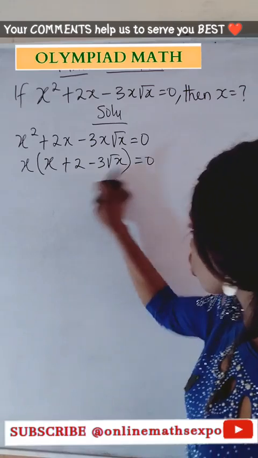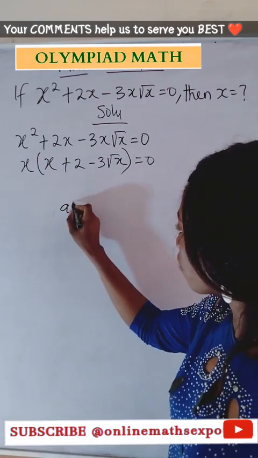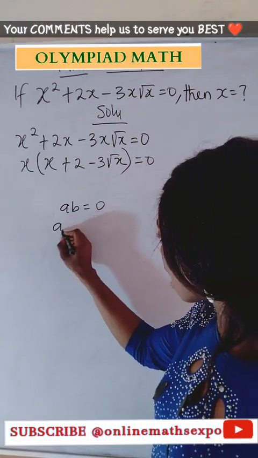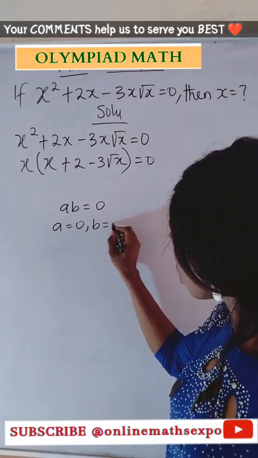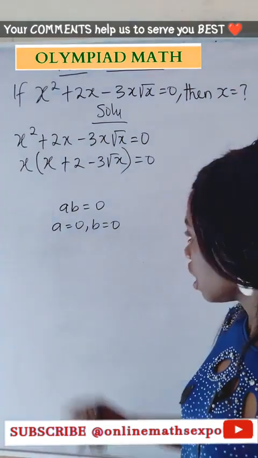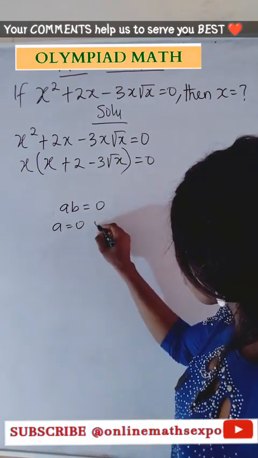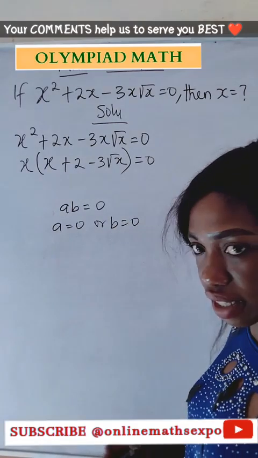Now, according to your algebra, if you have AB to be equal to 0, it simply means that A is 0 or that B is 0. That is what it means.